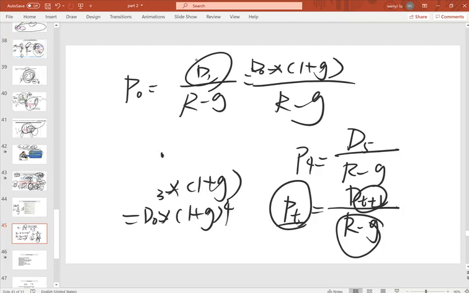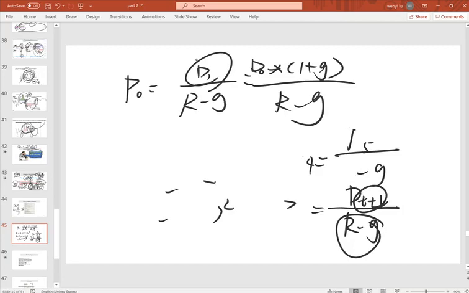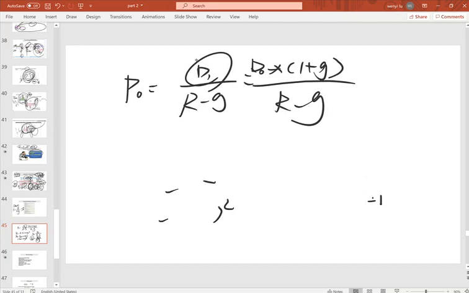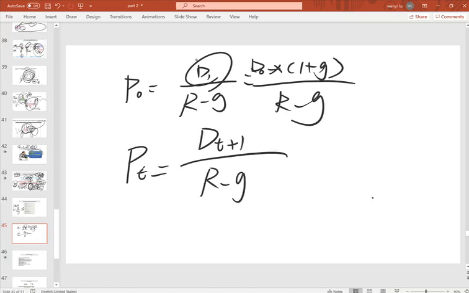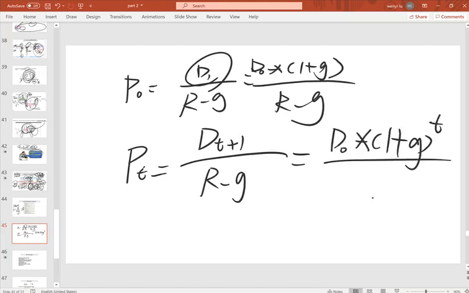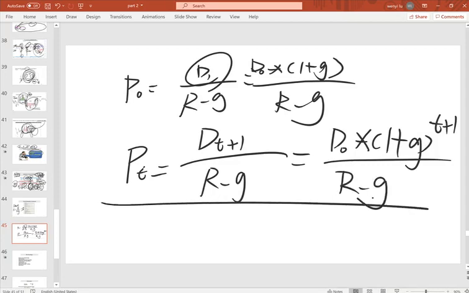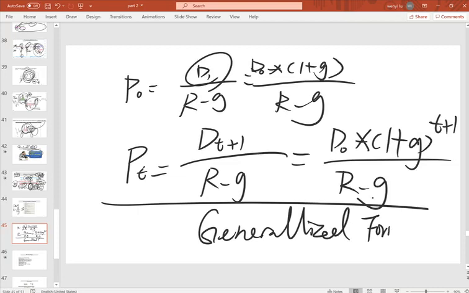So this is our generalized formula for the price at any time. Pt, where t is any time, equals Dt plus 1 over R minus G, which equals D0 times 1 plus G raised to t plus 1, over R minus G. That's our most general formula for the price of a stock at any time.